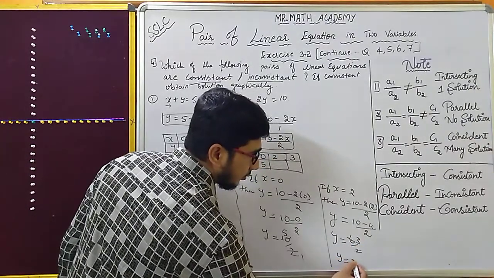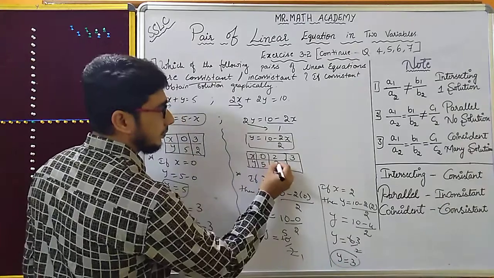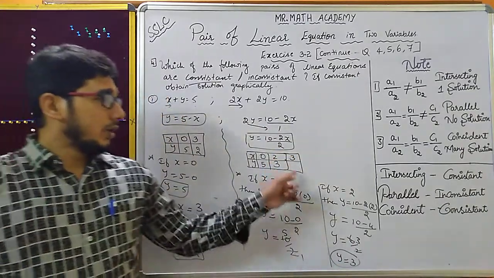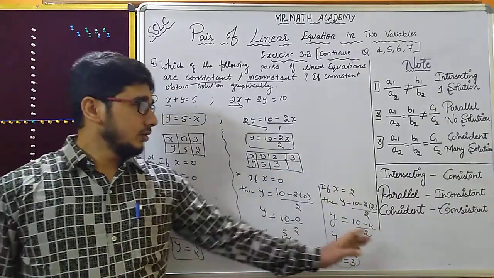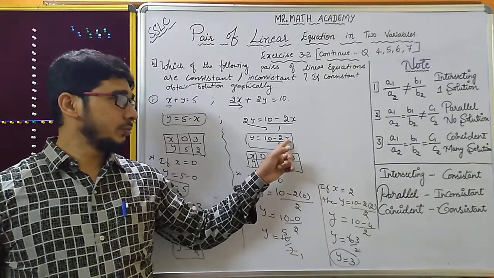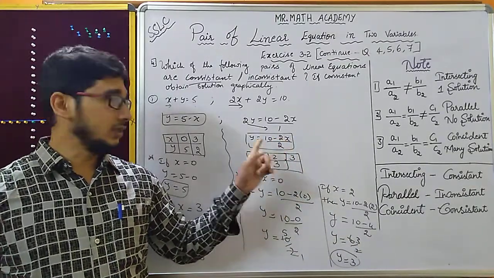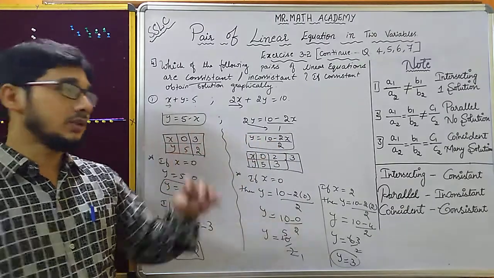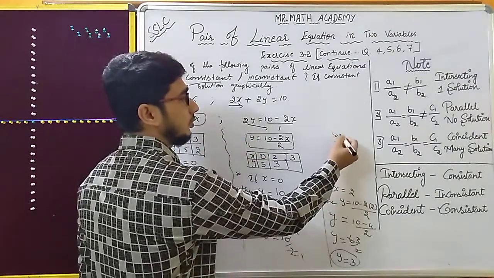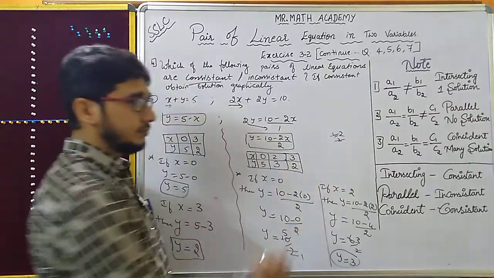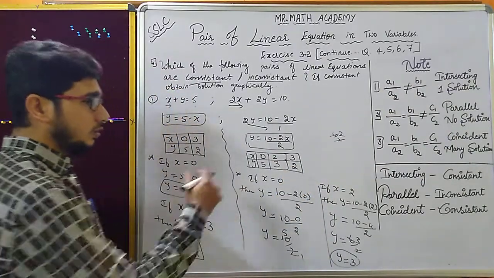So y is equal to 3. I don't have space here to go ahead, so directly I'll do it. If I put 3 here, 3 2s are 6, 10 minus 6 is 4. 4 divided by 2, 2 2s are 4. So I will get 2 here.